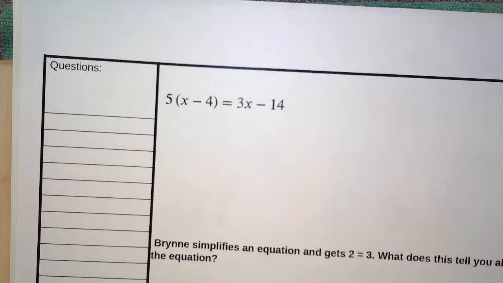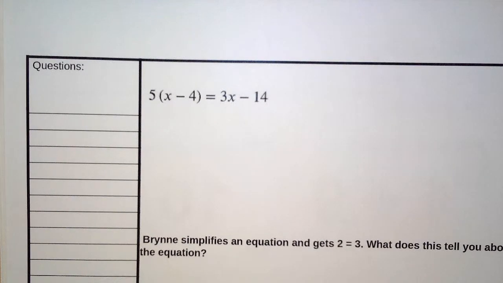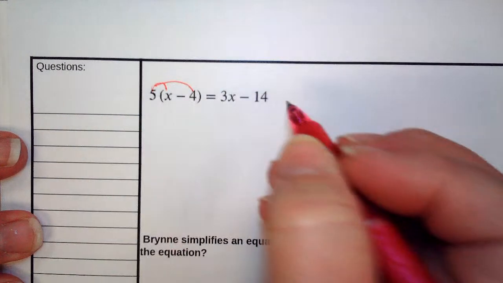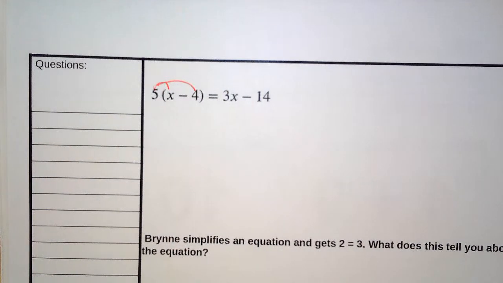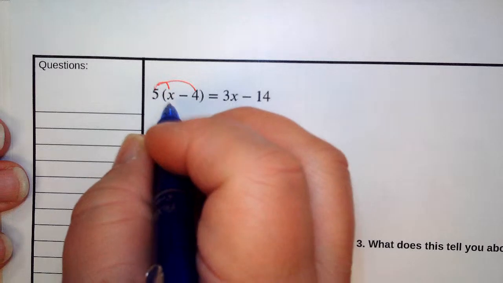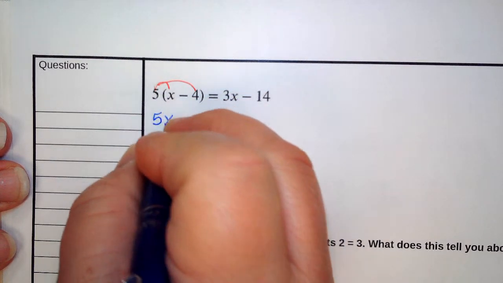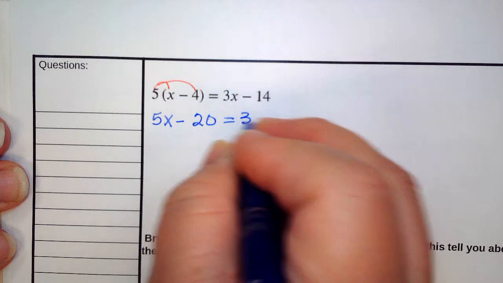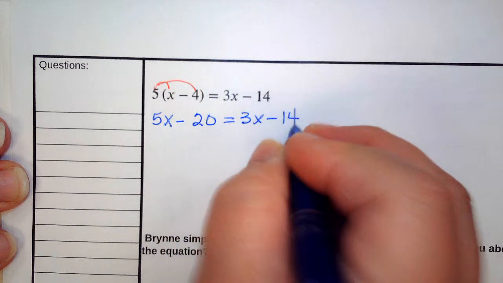Okay, for the last one, distribute. Five times x is 5x, minus 5 times 4 is 20, is equal to 3x minus 14.